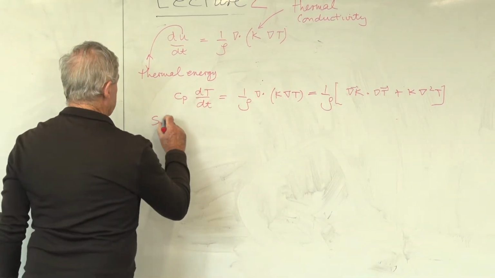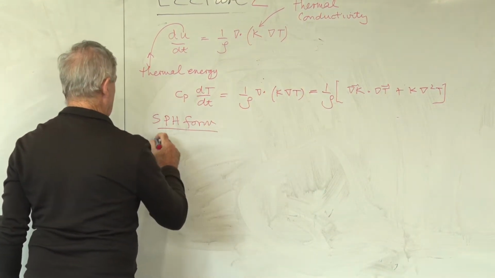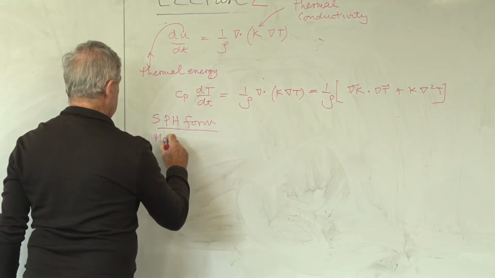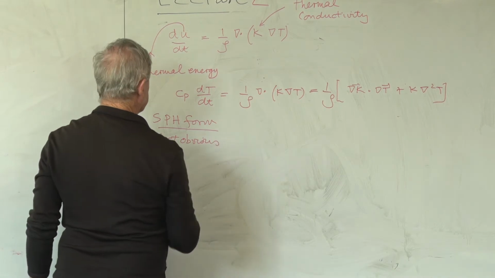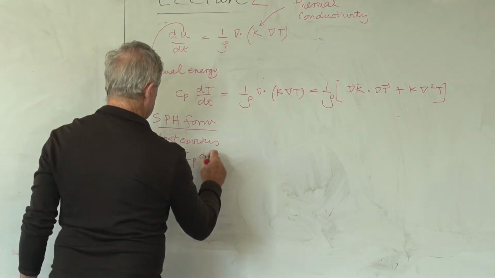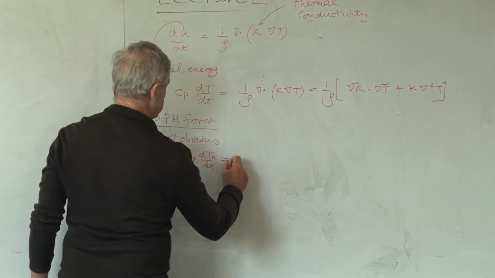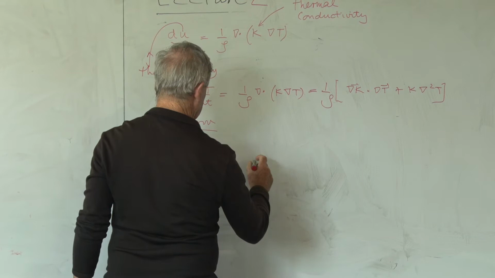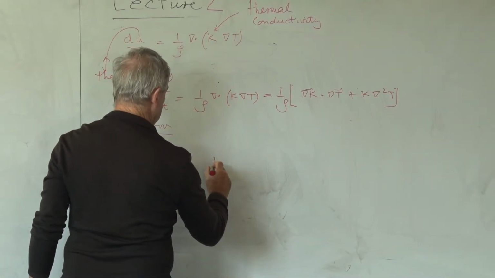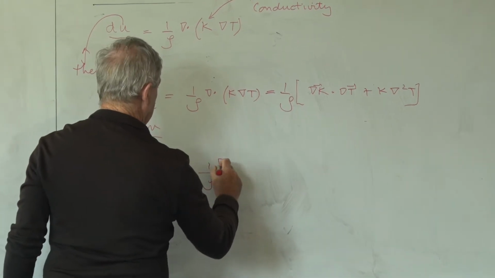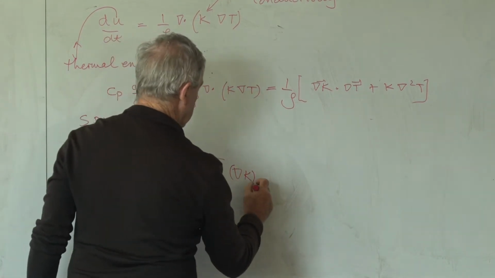The SPH form most obvious is that Cp dT/dt is equal to, now there are various terms, I'll just do one of them, 1 on rho, and I'll work out a gradient using some SPH summation.